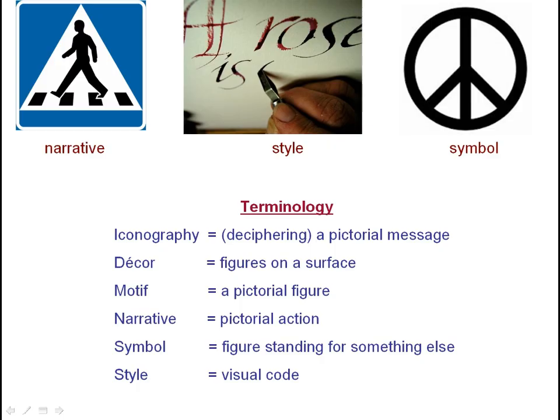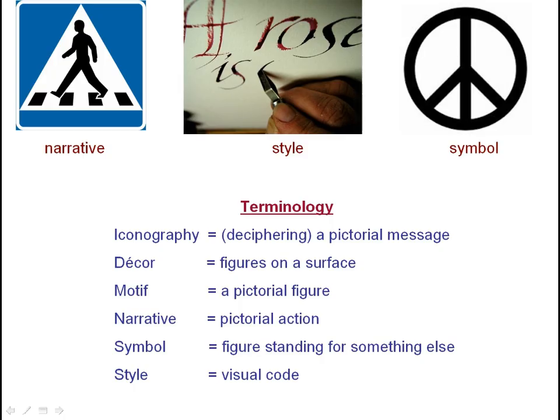I believe style might be a very intuitive term. When you speak about style, we usually think about a way a picture is coded. A picture can be coded in a style that is naturalistic, like a photograph. It can be very stylized, like a comic or a manga. So those are different styles of representation.